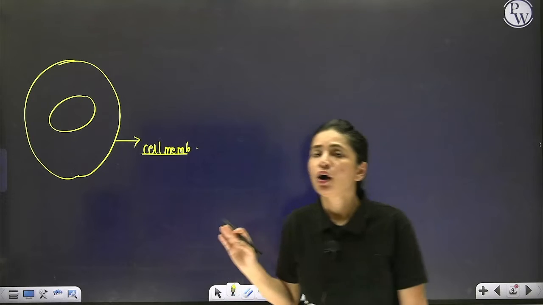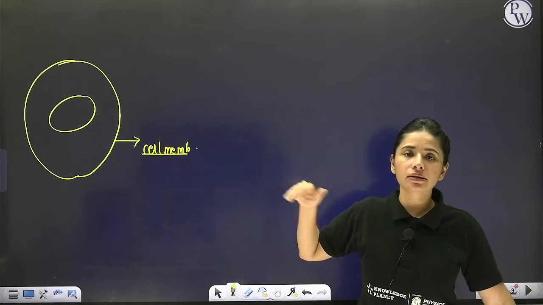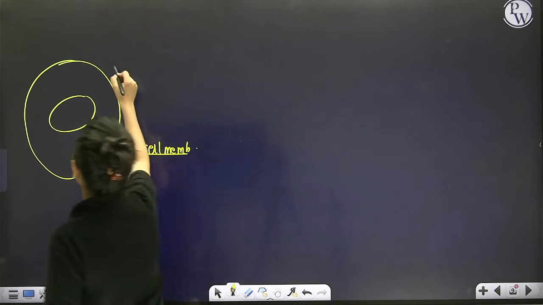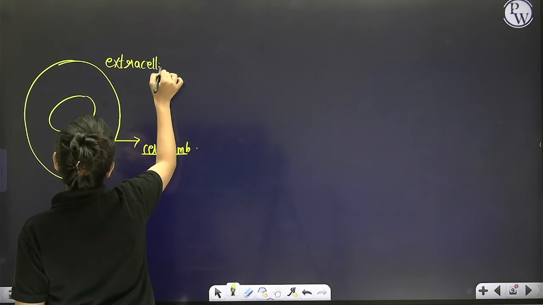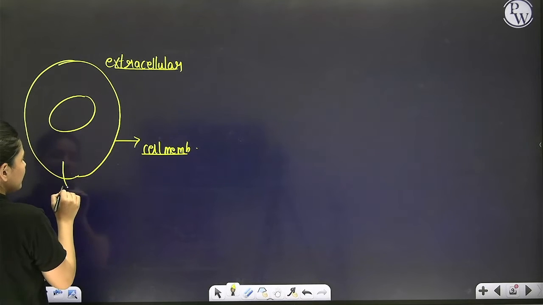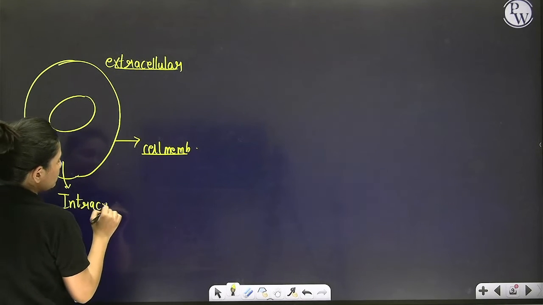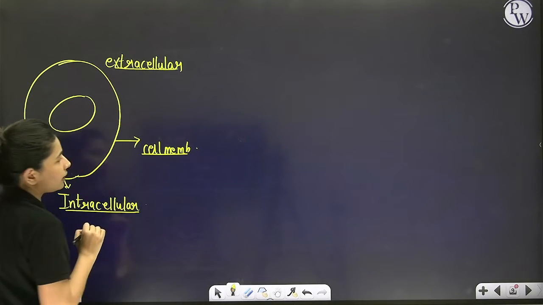Whatever material or region is outside this cell membrane is known as extracellular region, and whatever is present inside the cell is known as intracellular region.